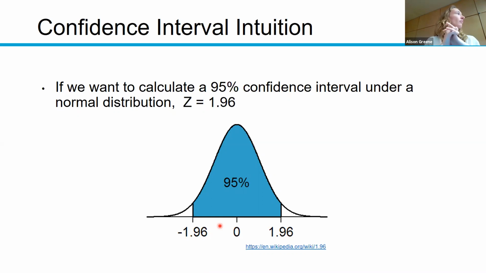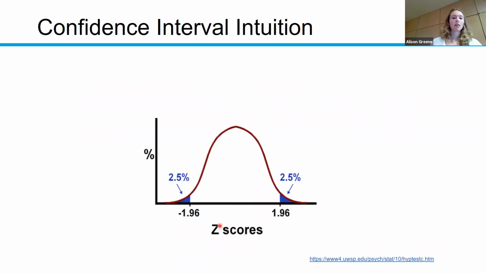And then conversely, we have 5% of our data outside of the tails, 2.5% here and 2.5% here.